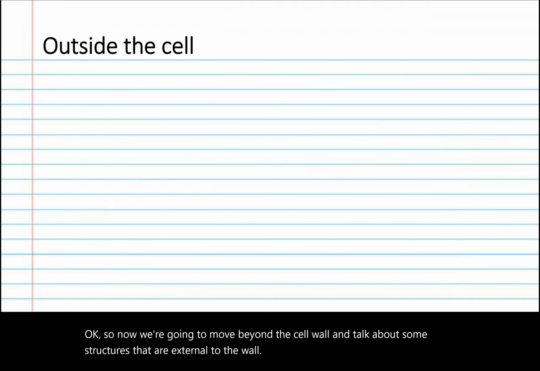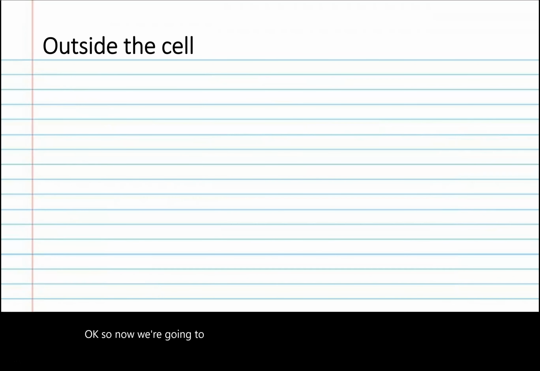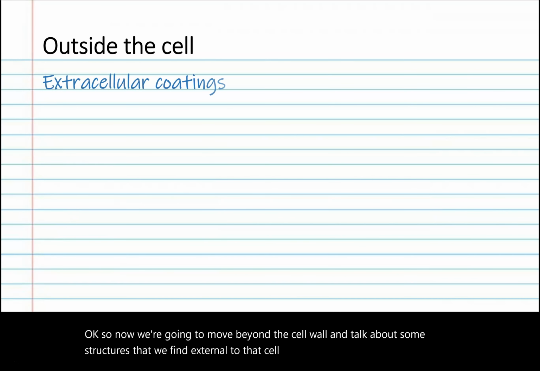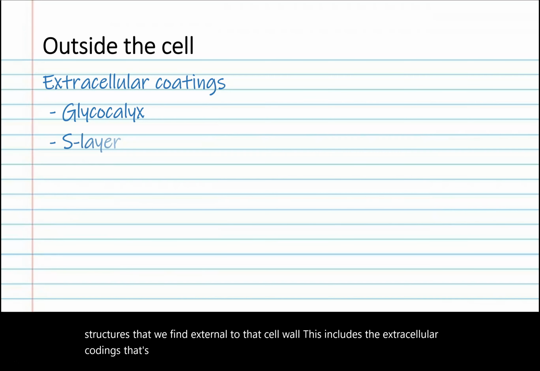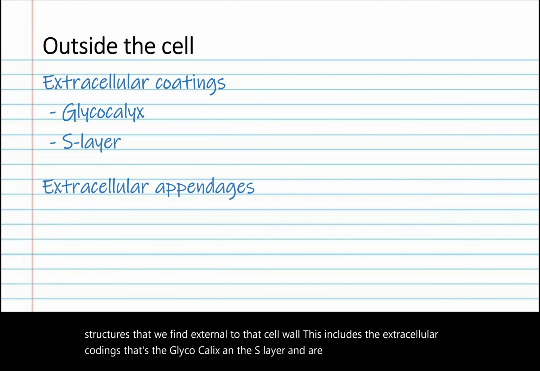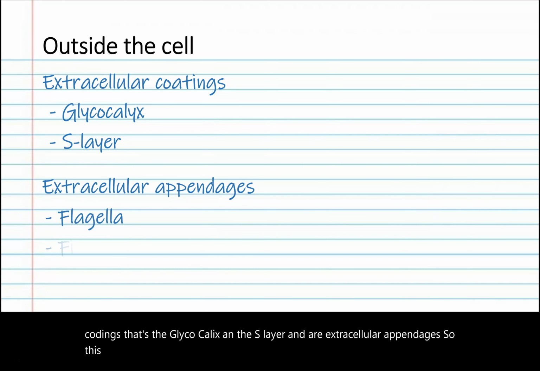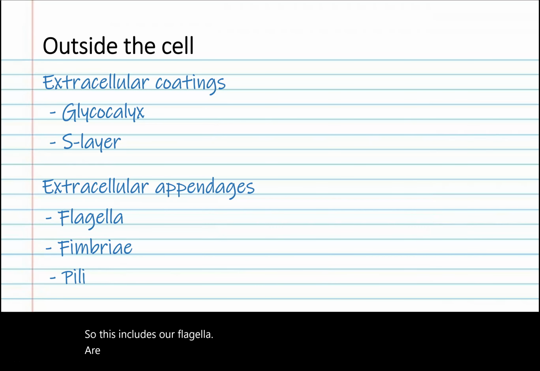Okay, so now we're going to move beyond the cell wall and talk about some structures that we find external to that cell wall. This includes the extracellular coatings, that's the glycocalyx and the S layer, and our extracellular appendages. So this includes our flagella, our fimbriae, and our pili.